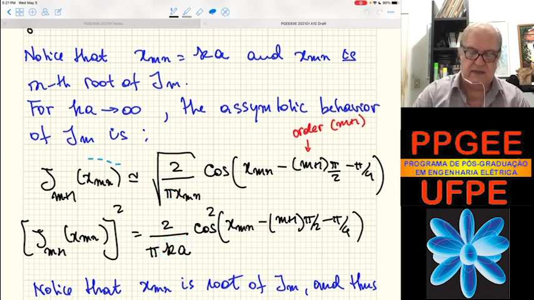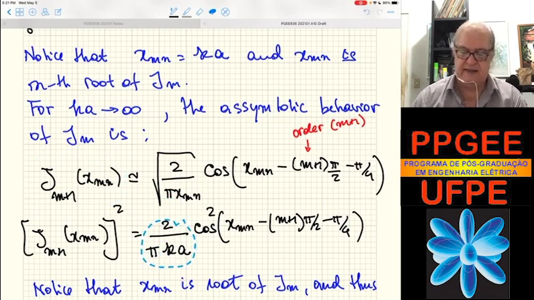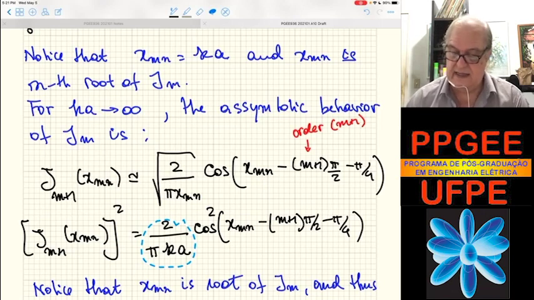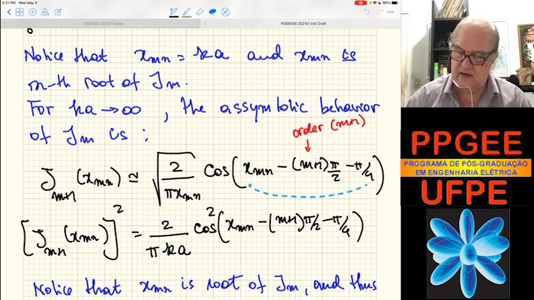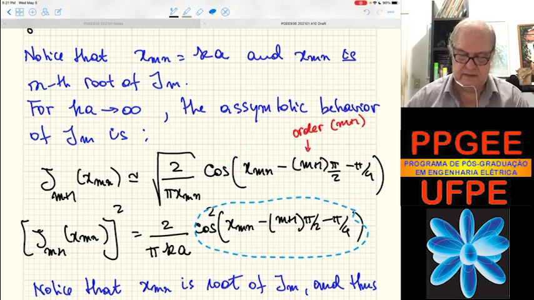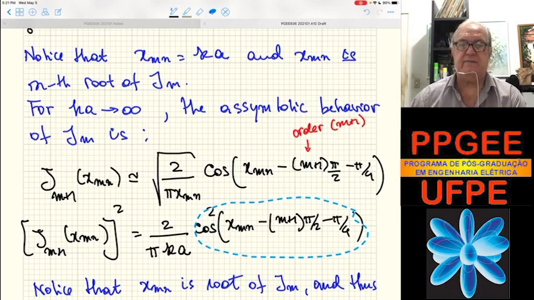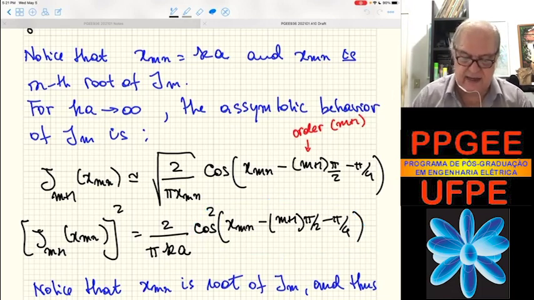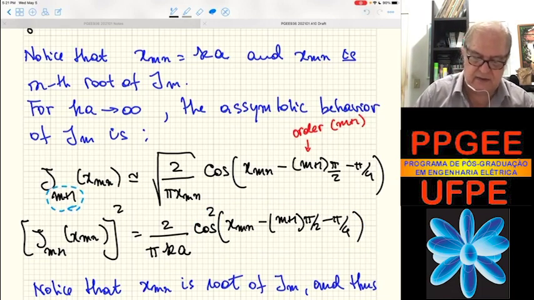Recall that we want to calculate the square, so it's going to be 2 divided by pi times ka, and here we have cosine squared of this argument here, right? Now we notice that xmn is the root of jm, and here we are calculating jm plus 1, right?